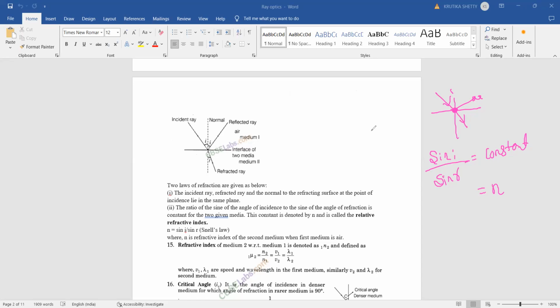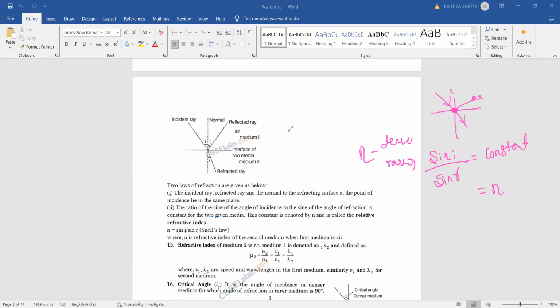I just told you about rarer medium and denser medium. Depending on this n value, we can define it as a denser medium or we can define it as a rarer medium. So for denser, the n value, the refractive index value, will be higher; for rarer it will be less.